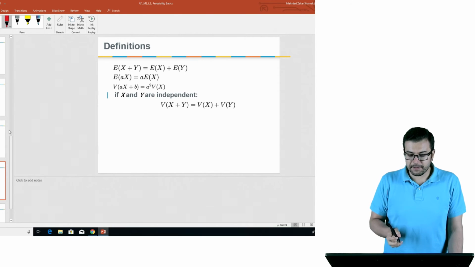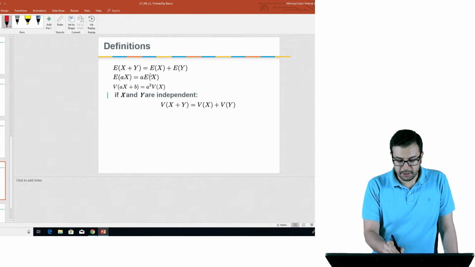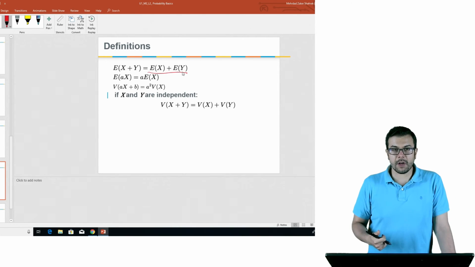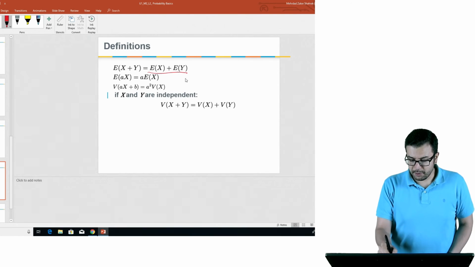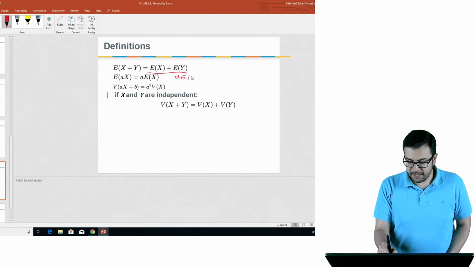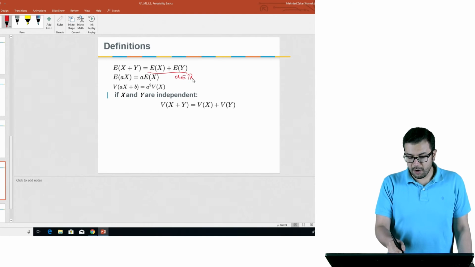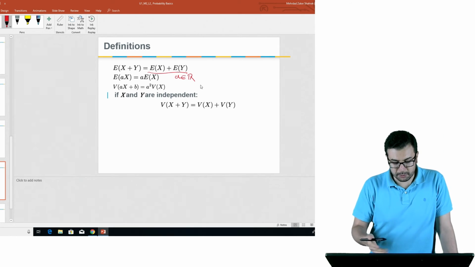If we have two different phenomena summed together, their expectations simply add separately. And if we multiply all of the values by a value a, where a is a real number, then our mean will be multiplied by that value.